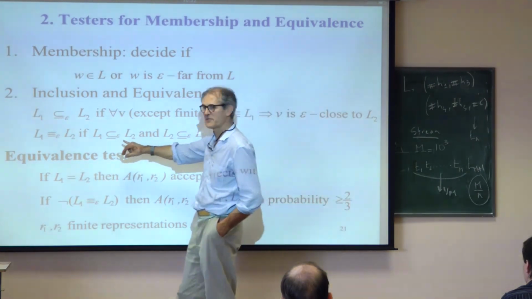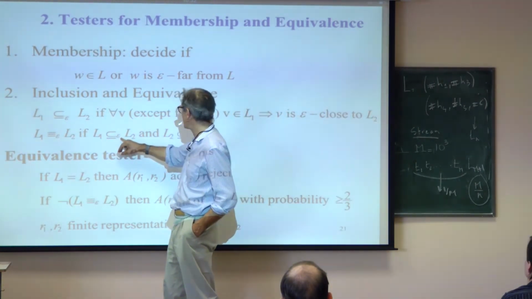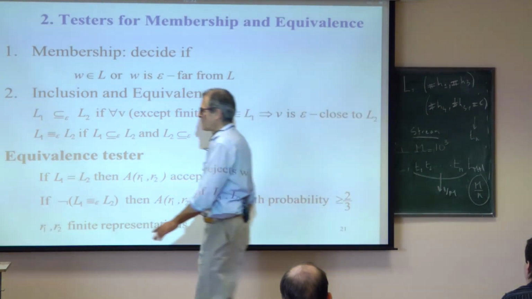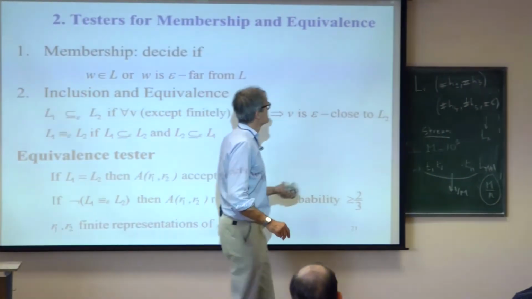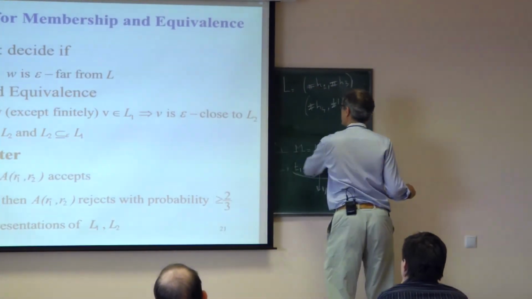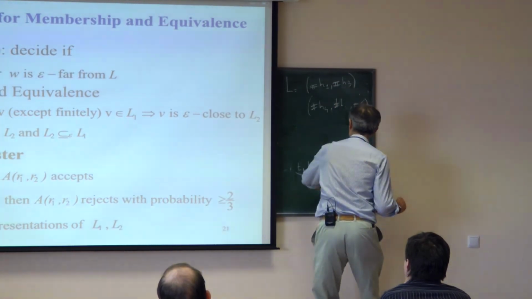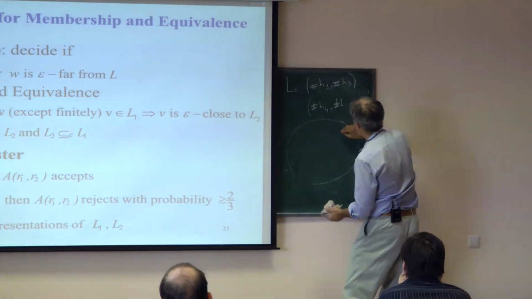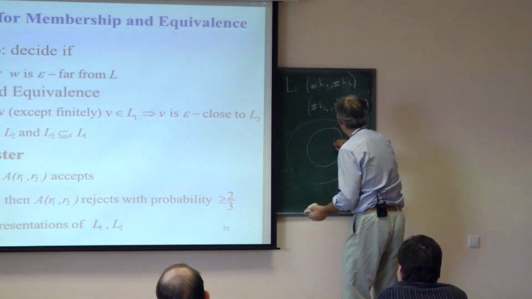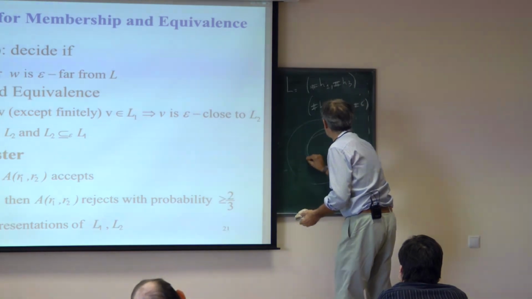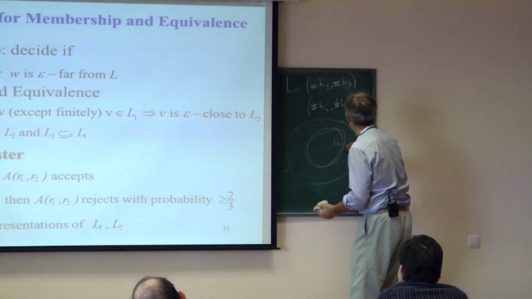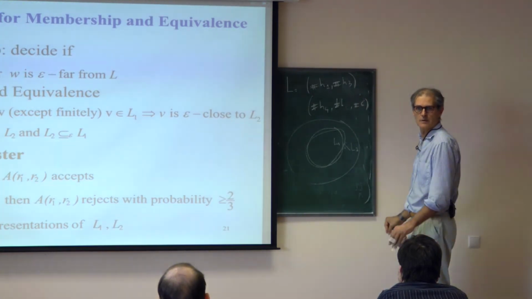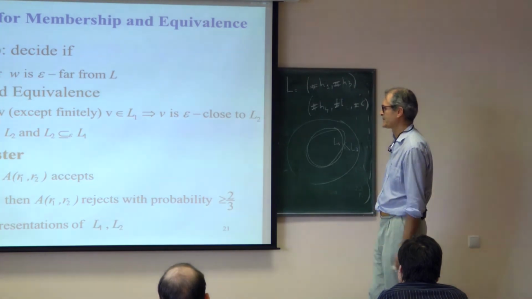Being close means that one is epsilon-close to the other for some distance. The picture is like this: here is the set of all words, you have one language L1, and maybe L2 is like this. That would be two close languages.